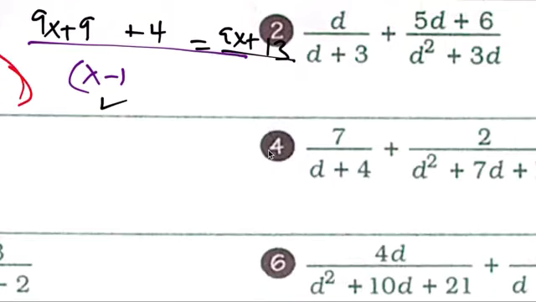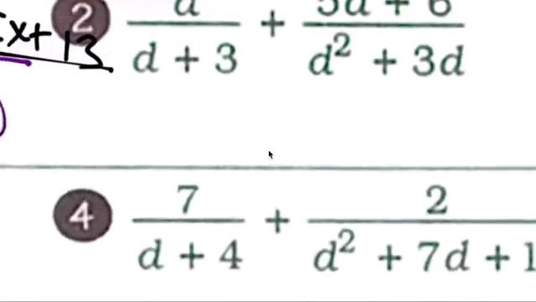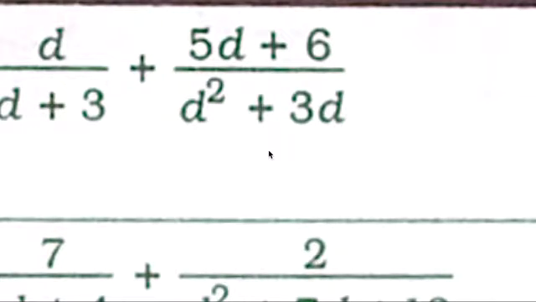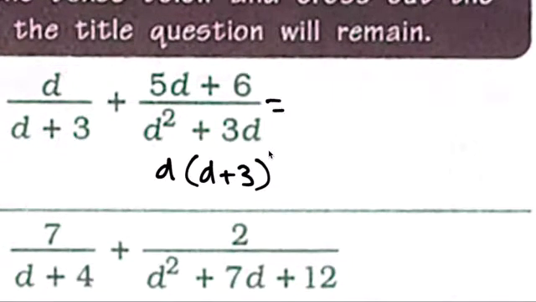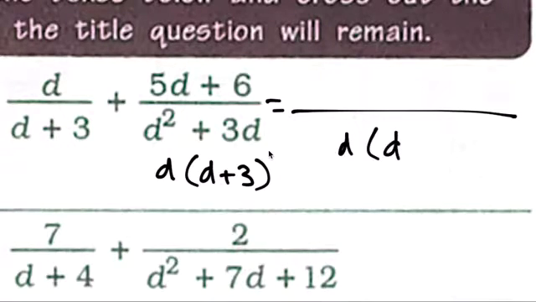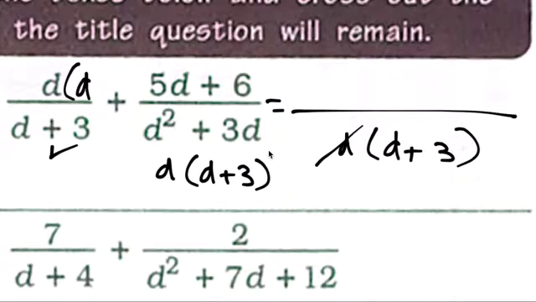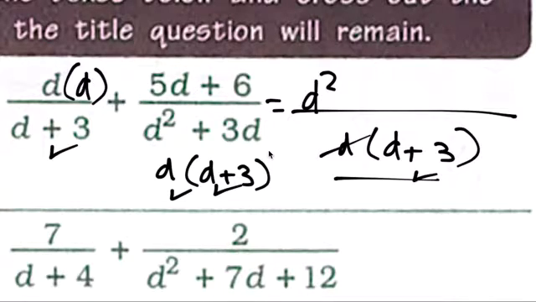Anyways. Okay, so this one here, you would factor out a d. So d, you would have d plus 3. So your common denominator would be d and d plus 3. D plus 3 is here, so it's missing this d, so times that by d, you get d squared. Then on this one here, it has both of them, so you leave it the same, positive 5d plus 6.